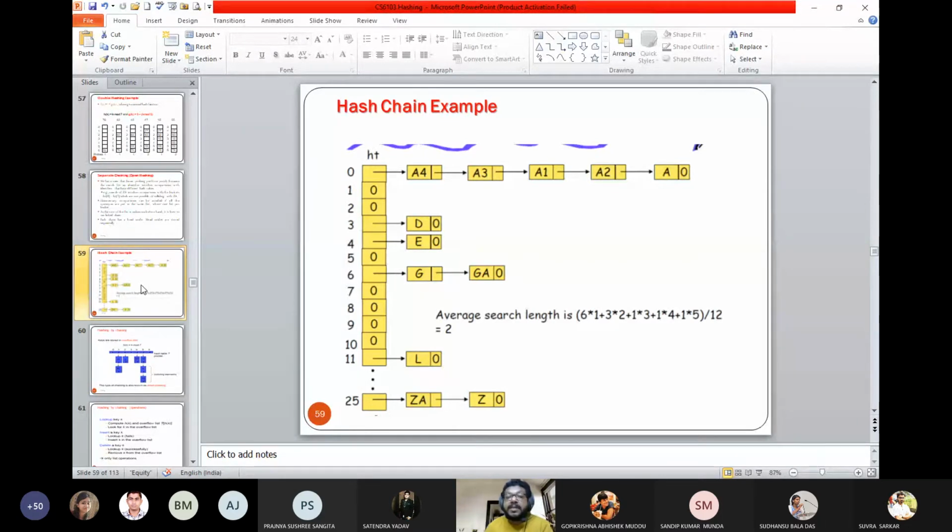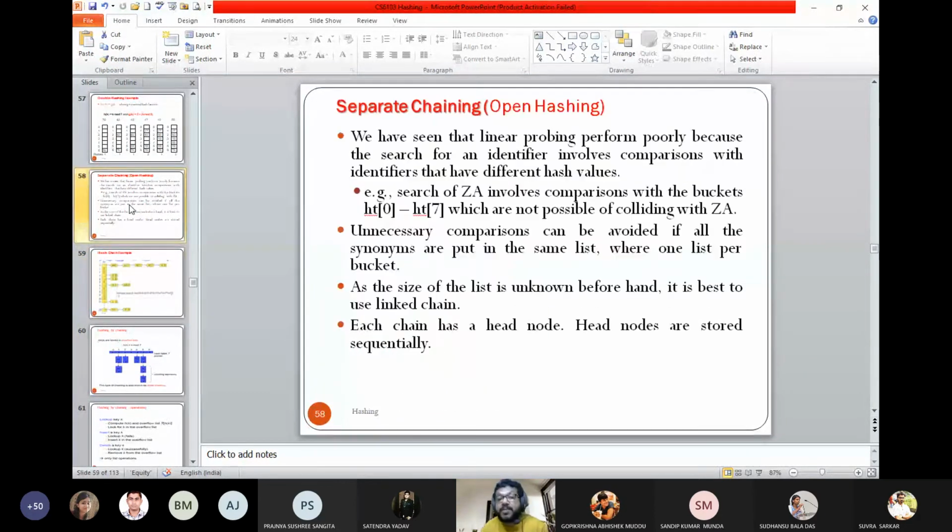If I go for a table which dynamically grows according to the available key values, that mechanism is separate chaining. This is sometimes confusing: this is open hashing. In closed hashing, table size is not expanding. In open hashing, table size can be expanded.